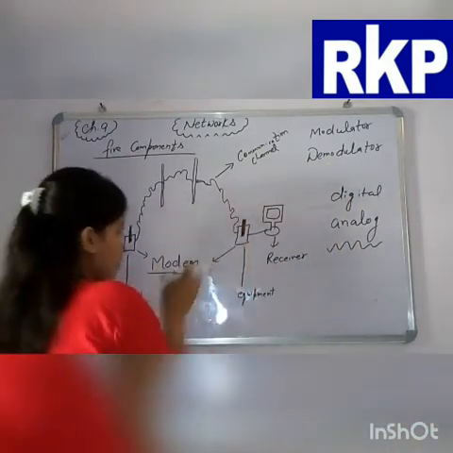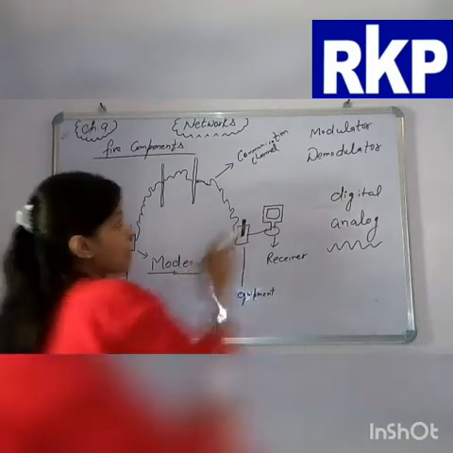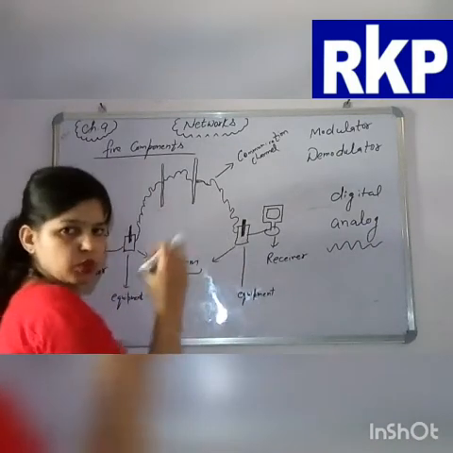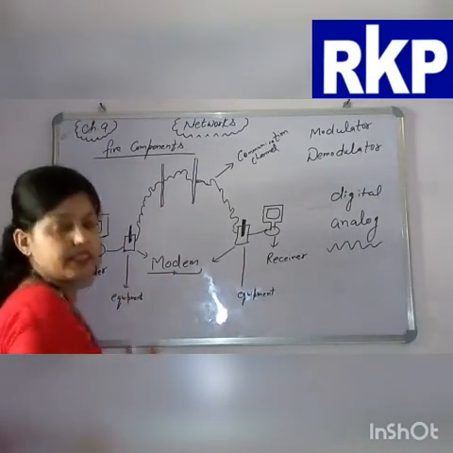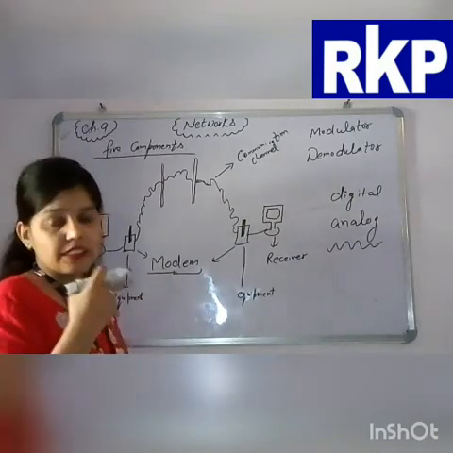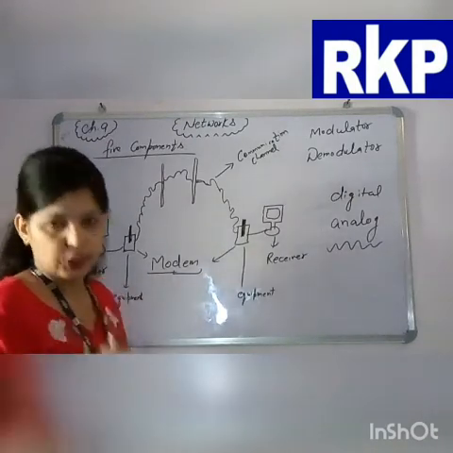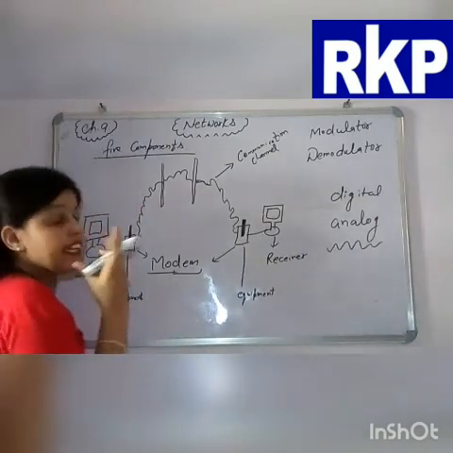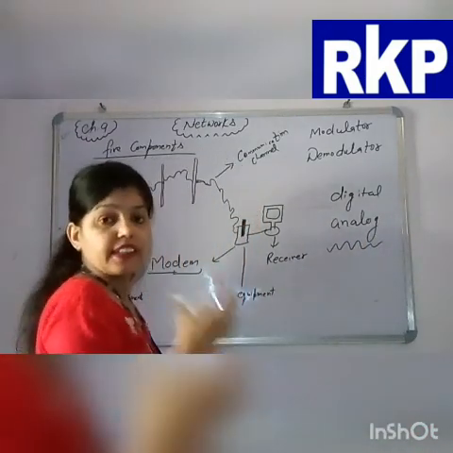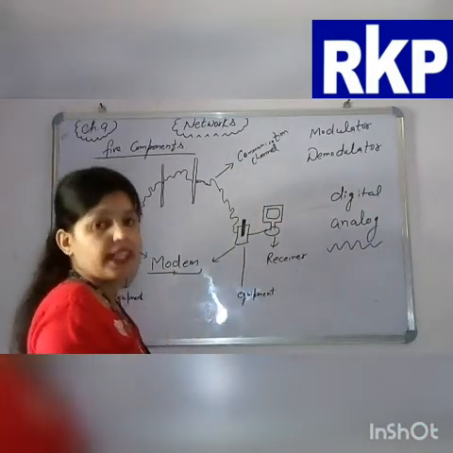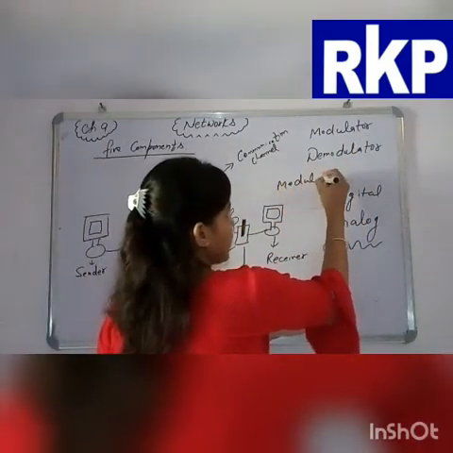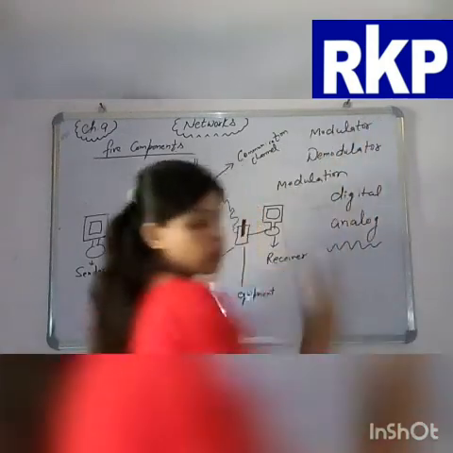So it is a combination of modulator and demodulator. What is the meaning of modulator? Modulator is the term that is coming from modulation. Modulation means converting digital form into analog form. That's why it is called modulator.